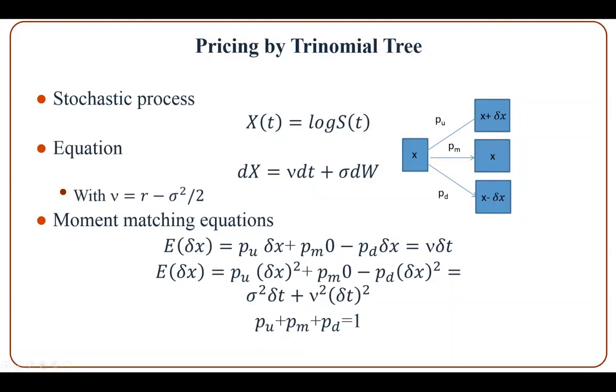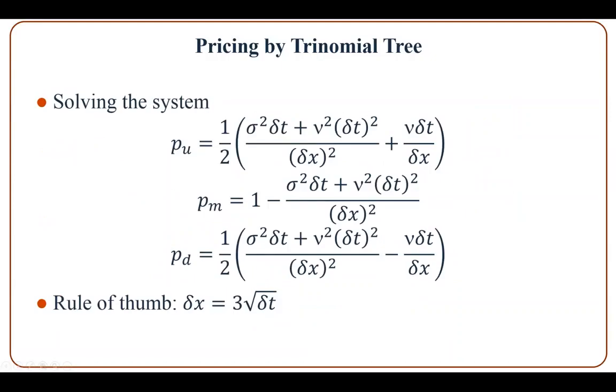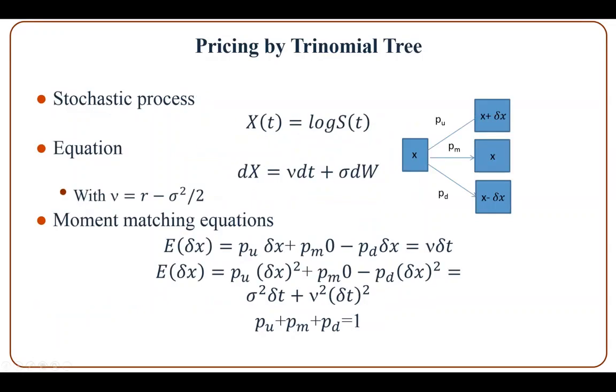And solving the system, we get the probabilities PU, PM, and PD, which are the probabilities of going up, staying the same, or going down. For going up, the asset price may go up from x to x plus delta x, or may stay the same or go down to x minus delta x.